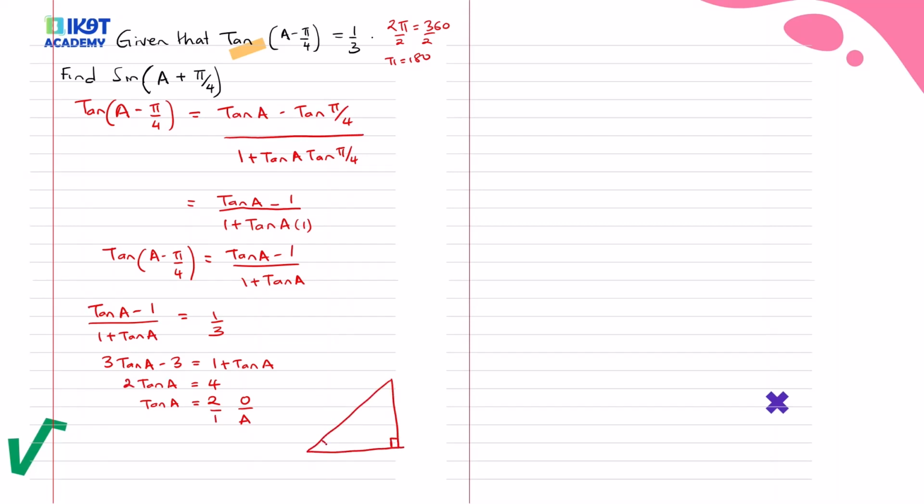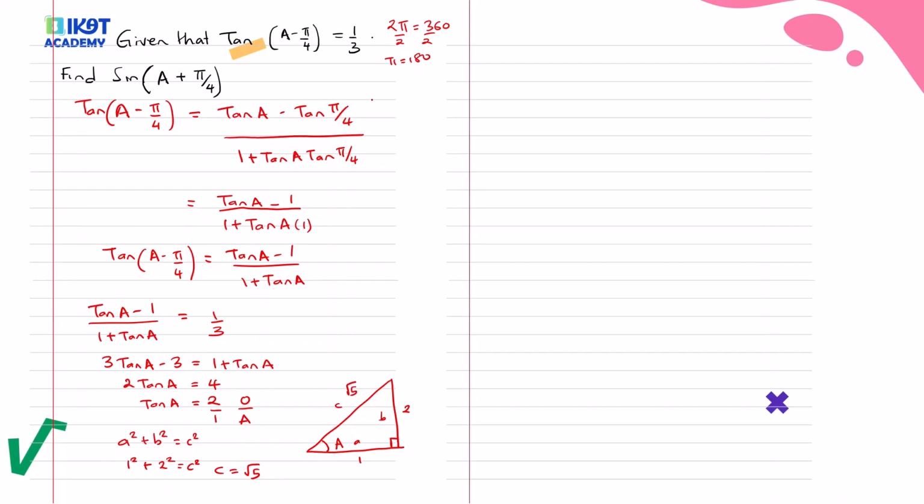Since this is angle A, the opposite is 2, the adjacent is 1, and the hypotenuse is unknown. From Pythagoras, a squared plus b squared is equal to c squared. So 1 squared plus 2 squared is equal to c squared. So this will be 1 plus 4, so c is going to be the square root of 5. So this side is square root of 5.